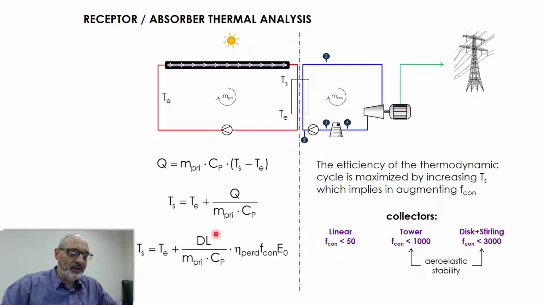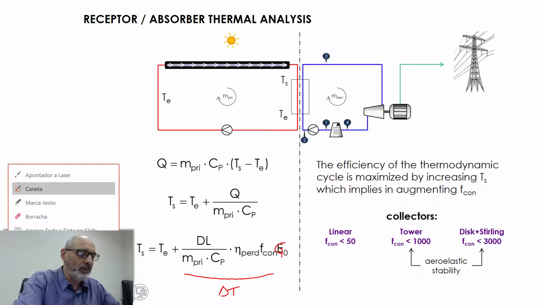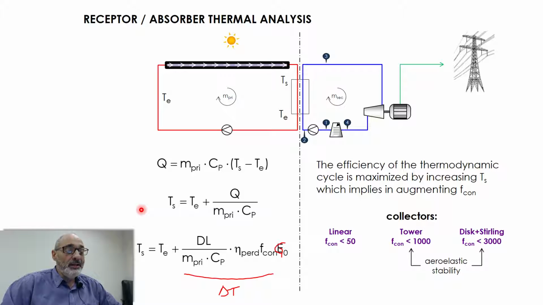This is the amount of heat that is being transformed into a certain delta T. This is delta T. It's worth writing this down. So this term here is delta T. And I just saw I wrote E and it's G0. Right now we don't have a definition for TE, we don't have a definition for TS, but we're going to use this formula in a few moments.